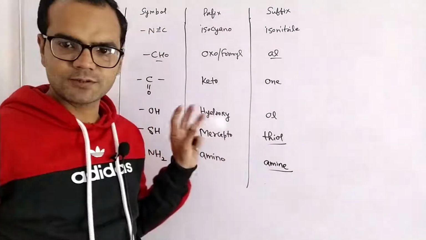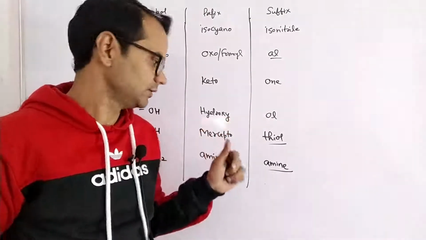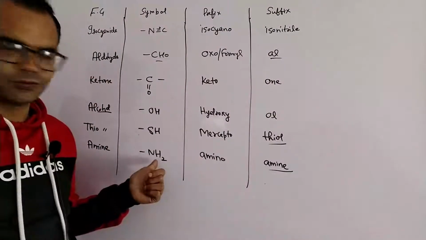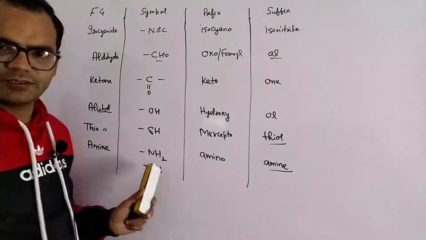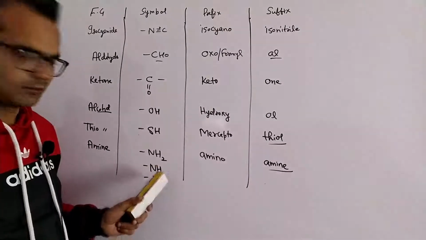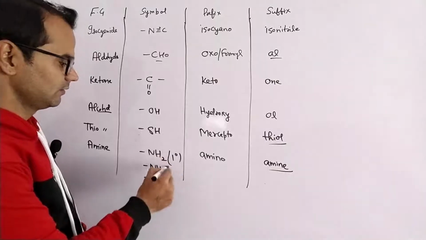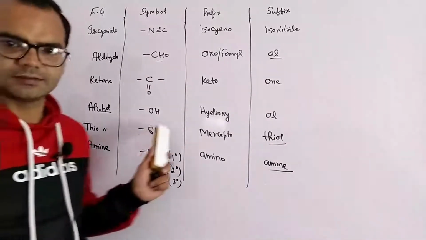There are actually three types of amine: primary, secondary, and tertiary amine, depending on the number of hydrogens. If NH2, primary amine; NH, secondary amine; and only N, that is a tertiary amine. This is 1 degree amine, 2 degree, and 3 degree.